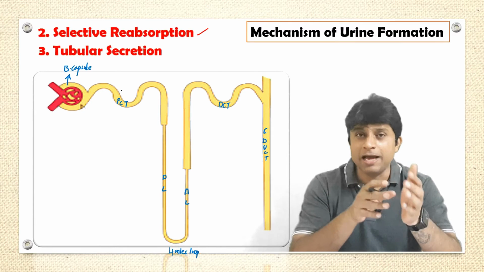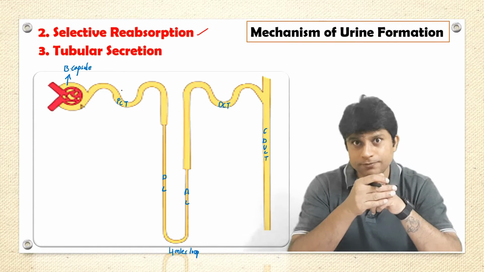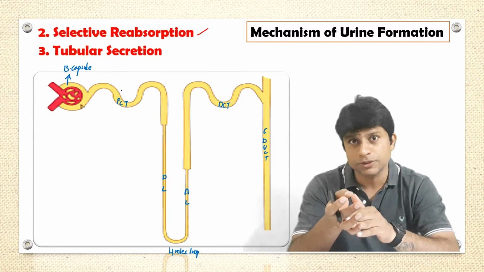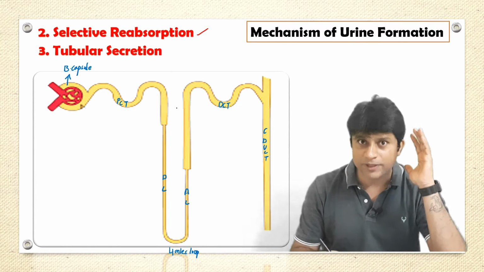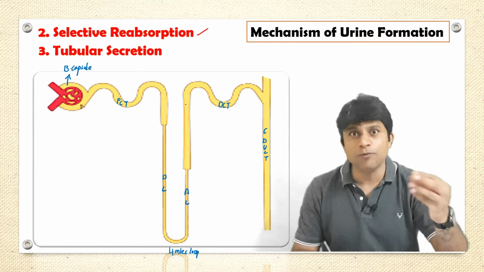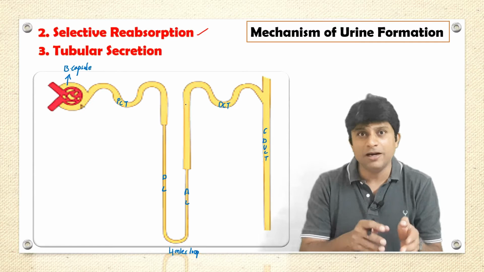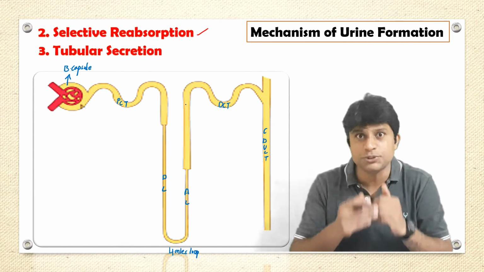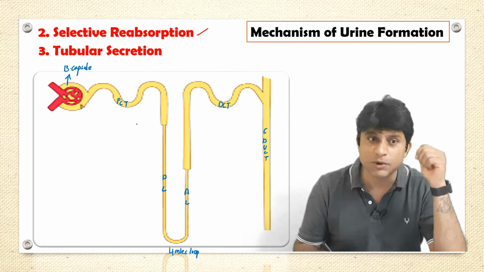Here I am using the term reabsorption, not absorption, because the nutrients are already absorbed from the alimentary canal. Here, from the blood that is supplied, important nutrients and required substances are reabsorbed. So here we have to use the term reabsorption.